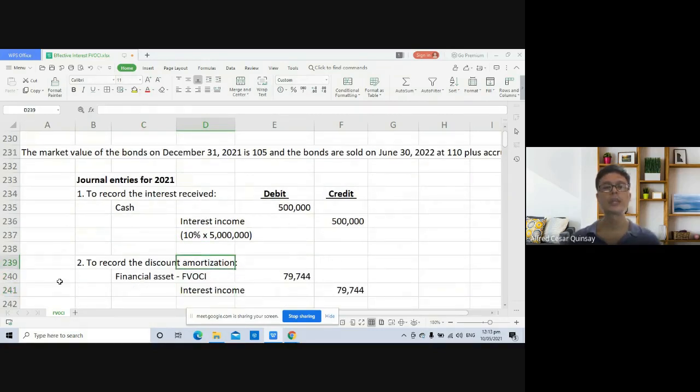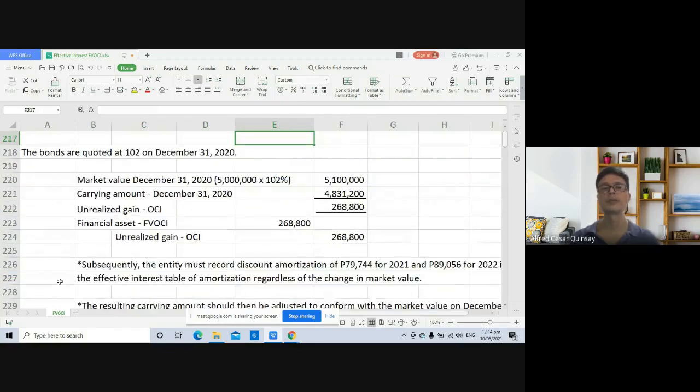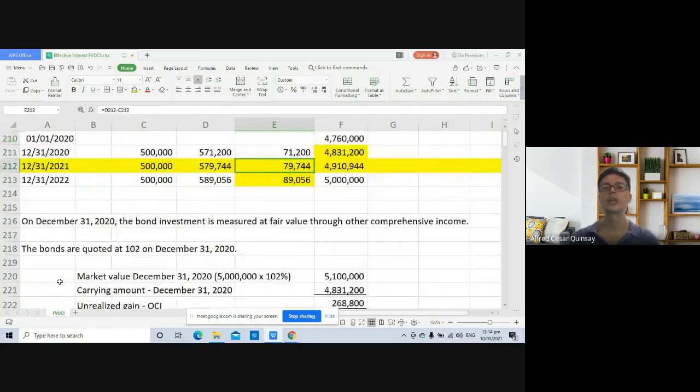Okay, and then to record the amortization, so debit financial asset, FVOCI. So nakita natin tumataas yung carrying amount ng financial asset, no? Okay, pag dinidebit natin. So 79,744. Again, ayun siya. Okay?